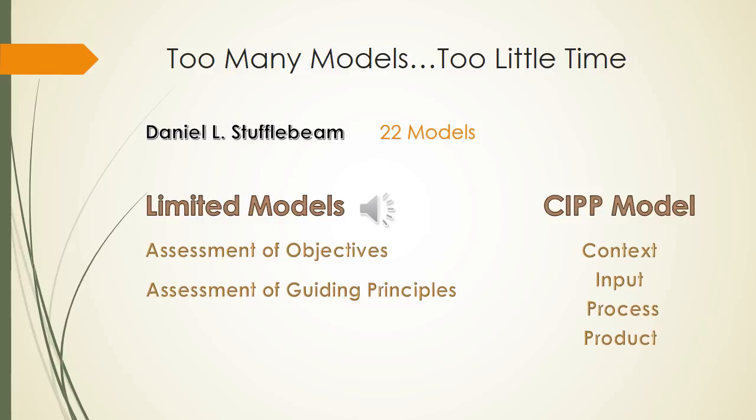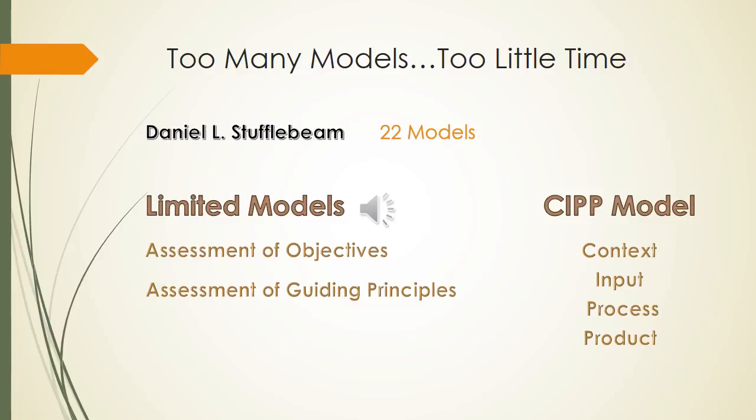But we see that there are types of models that can be employed and done by any educator who's had a research course in their master's program. We have what are called the limited models, where they either assess, evaluate the objectives, or they evaluate the guiding principles of a program or a curriculum for this matter.